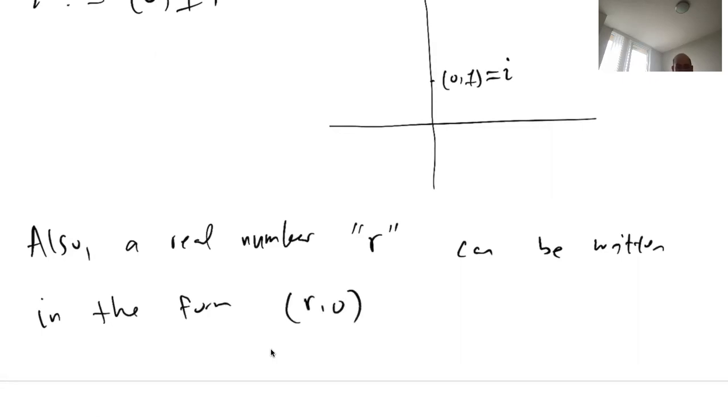So we still will not lose the real numbers. So r and 0 is considered as r. In the set of complex numbers, whenever we talk about r and 0, we mean simply the real number r. And 0 and 1, we mean the complex number i.